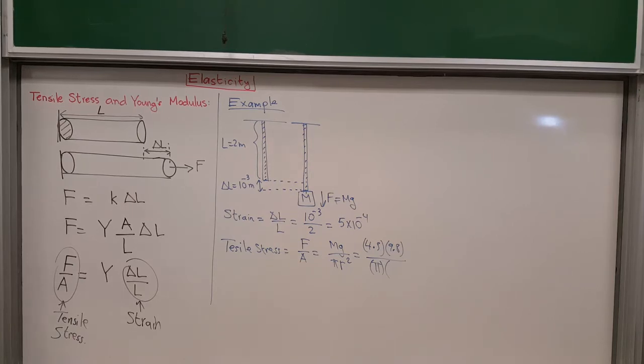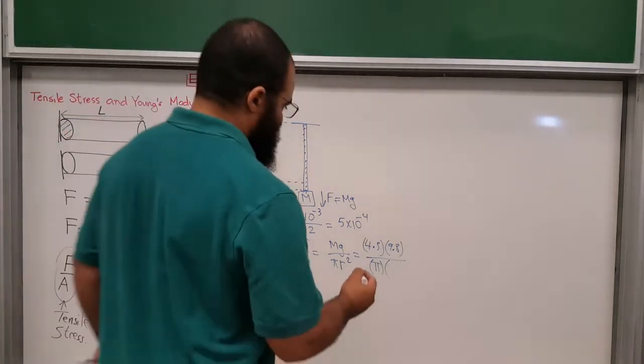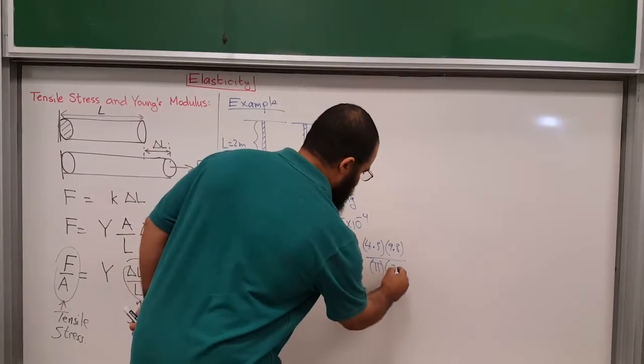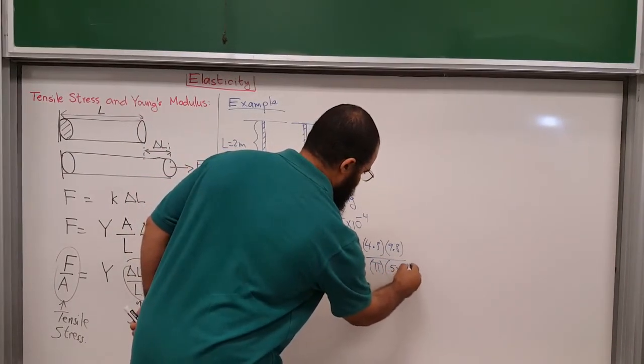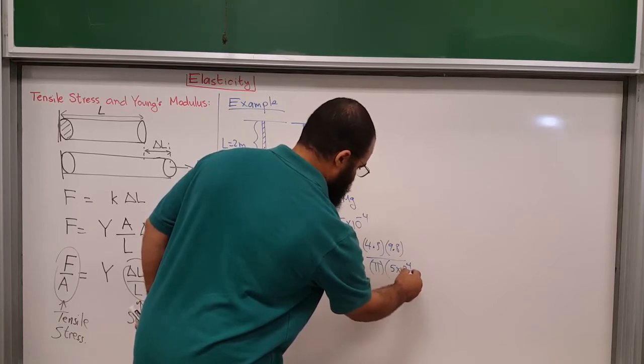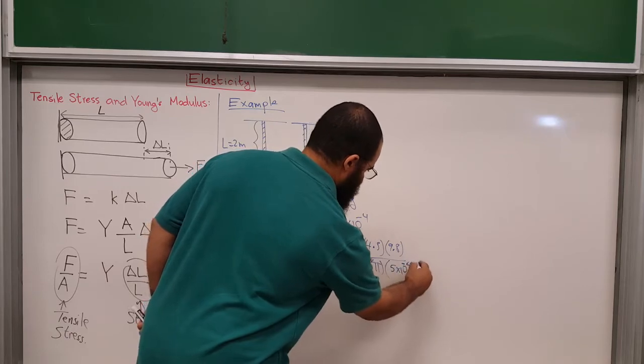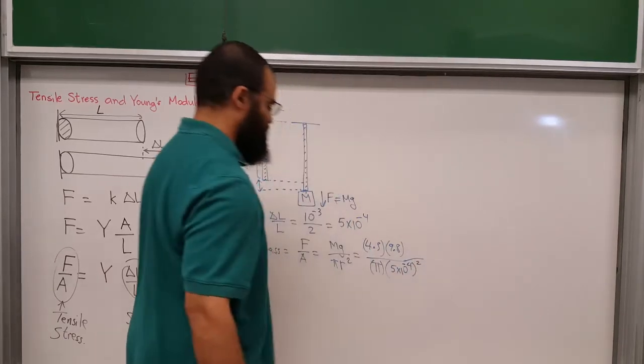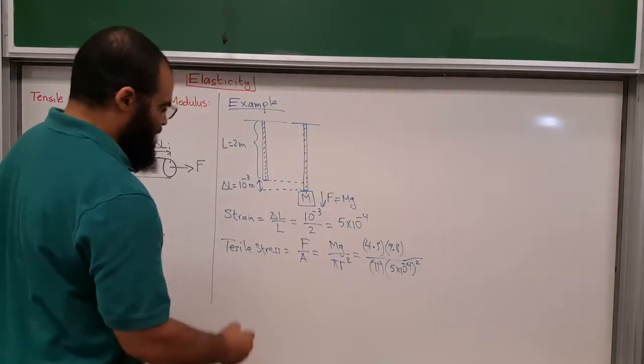So that's 0.5 millimeters for the radius, or 5 times 10 to the minus 4 meters, squared. Okay. And so we get what?